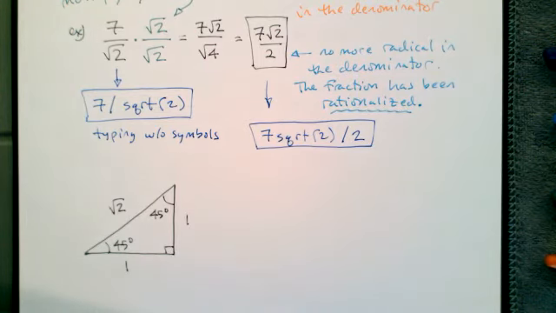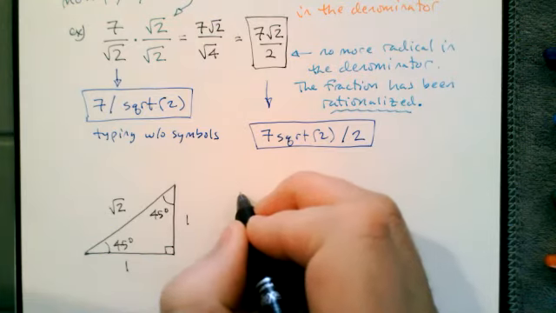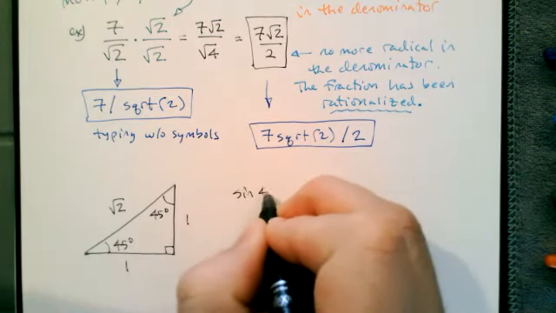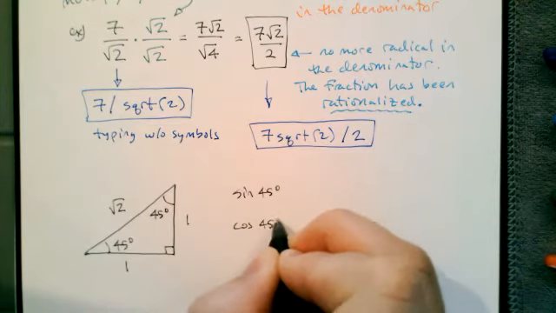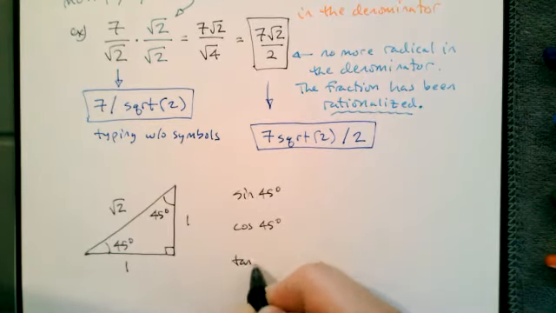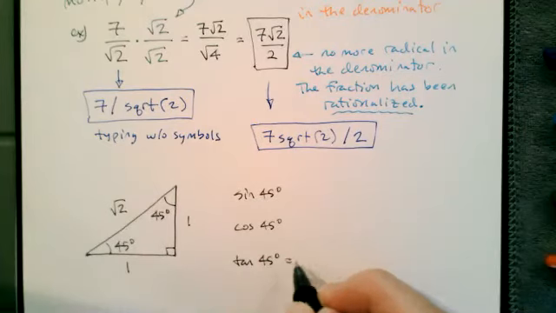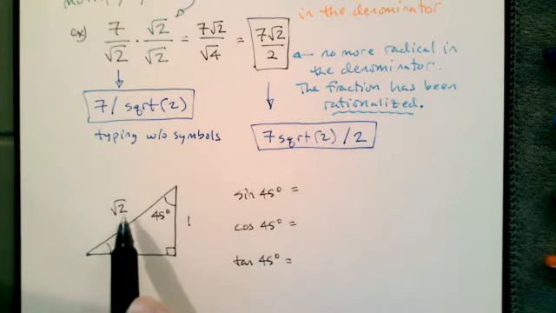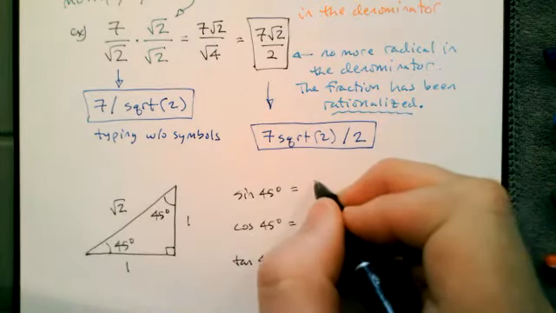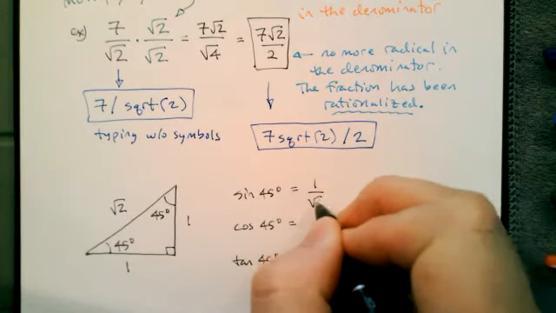What this allows us to calculate is the sine of 45 degrees, the cosine of 45 degrees, and the tangent of 45 degrees. So sine of 45 is opposite over hypotenuse. So we have the opposite 1 over the hypotenuse square root of 2.